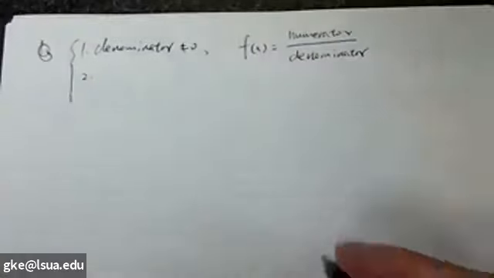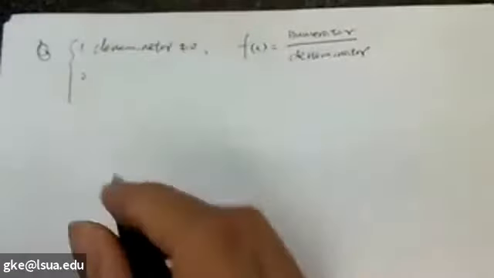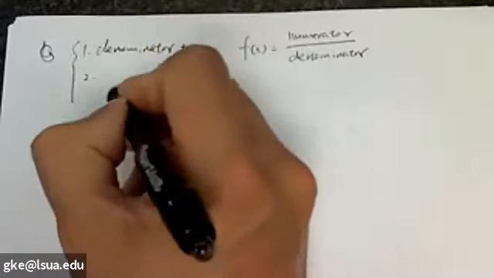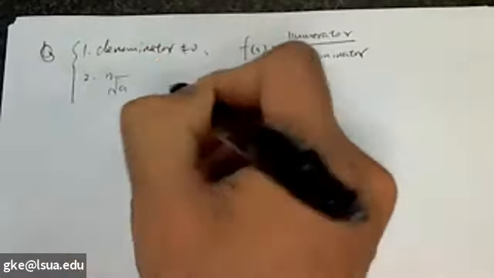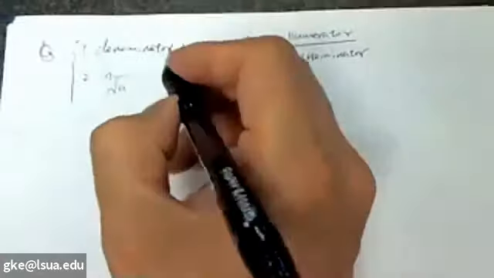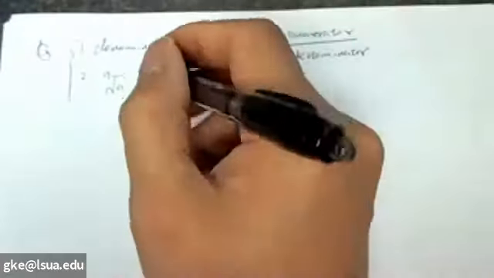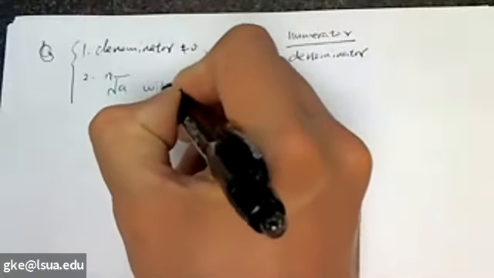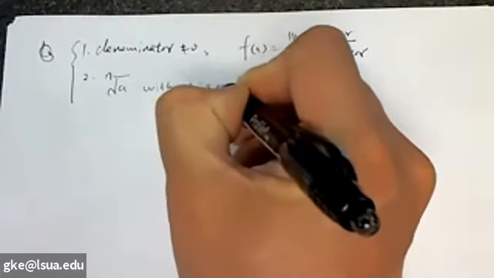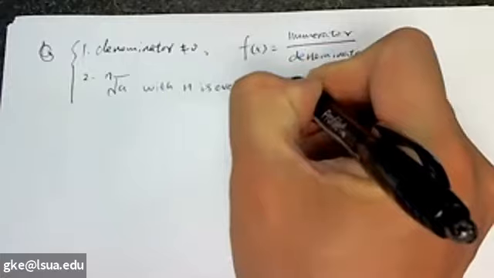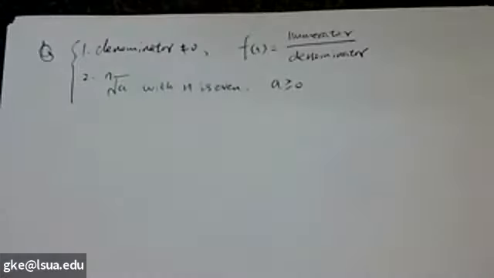And the second case, we have square root of a, and n is even, a is greater than or equal to 0.